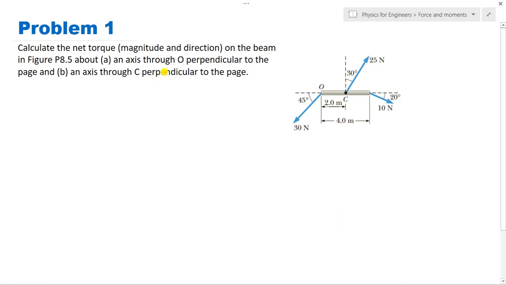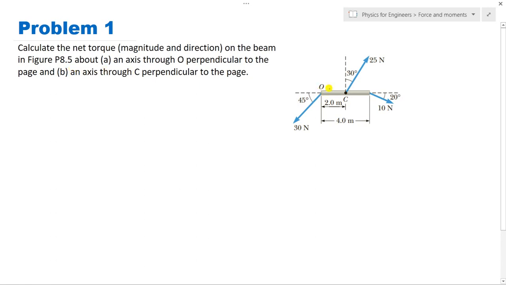Problem number 1. We have here a figure and data. This is a rod. The requirement of the problem is to calculate the net torque, magnitude and direction, on the beam in figure 8.5.